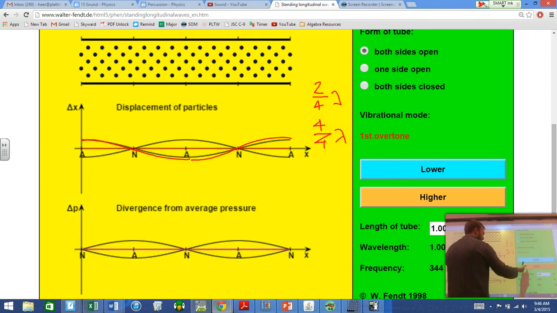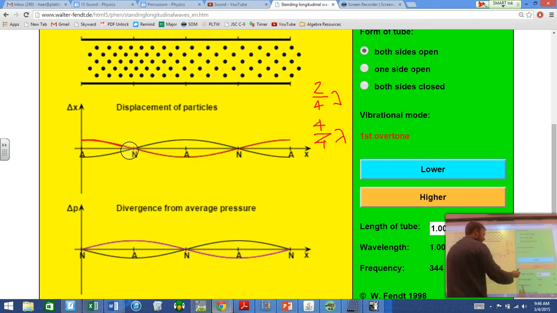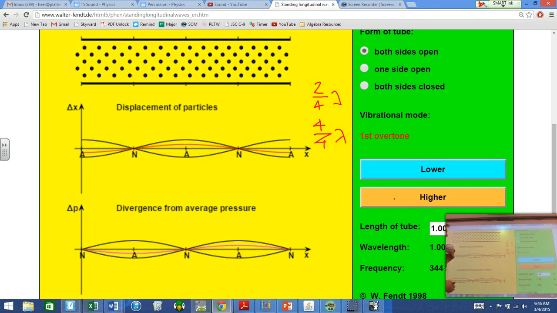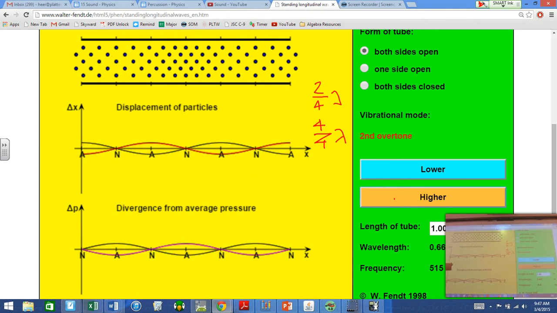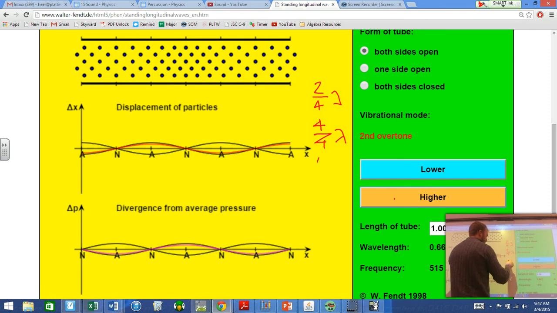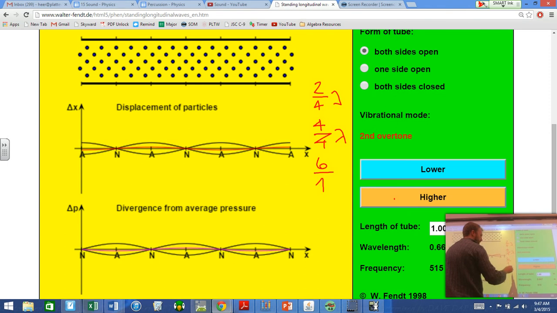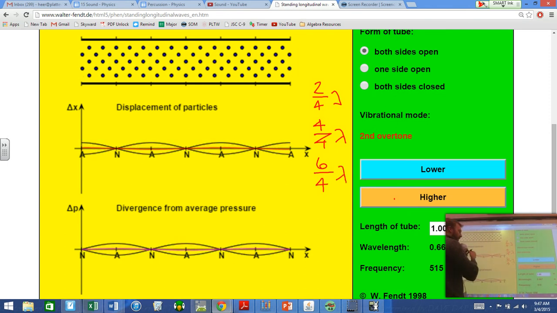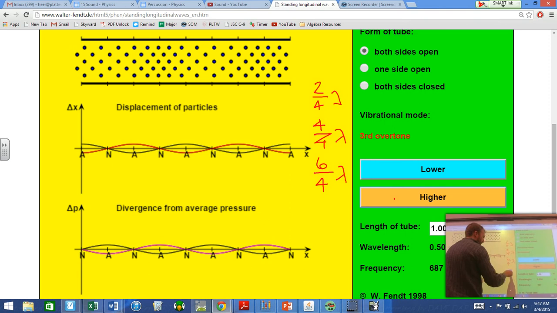Let's go to my next higher one. Maybe you can start to see the pattern here now. This one I've got 1 full wavelength and a half, or 6/4. Go one higher still. 8/4. So this is 2 full wavelengths resonating inside of this.